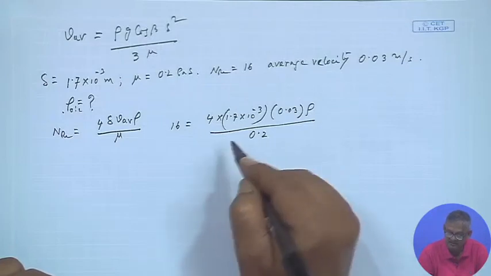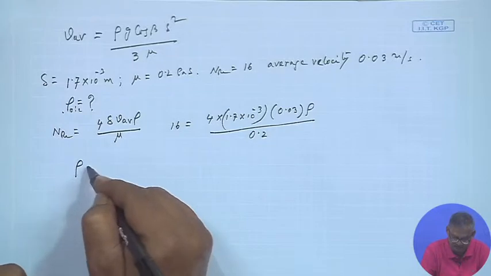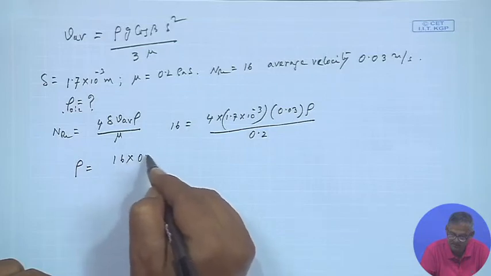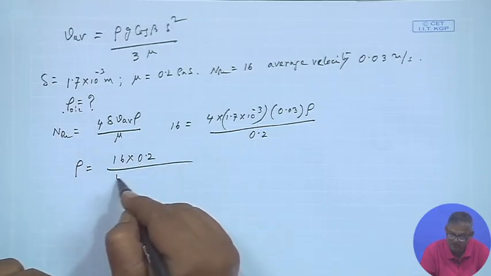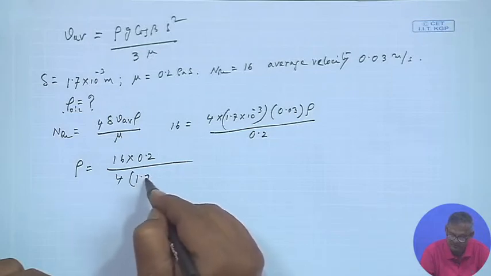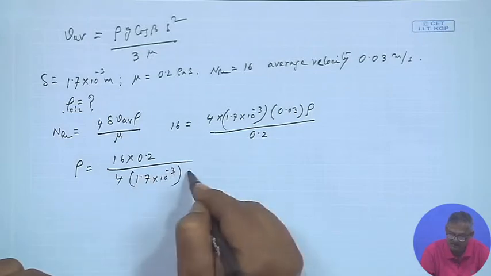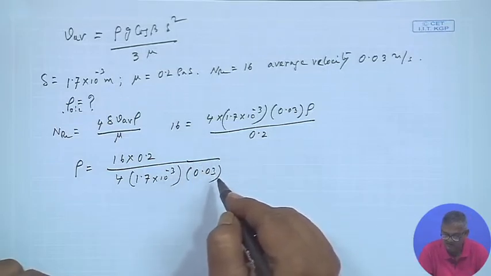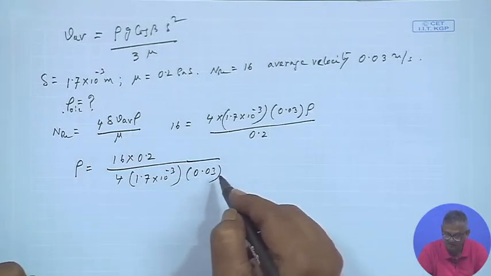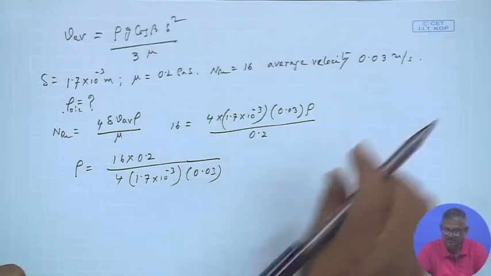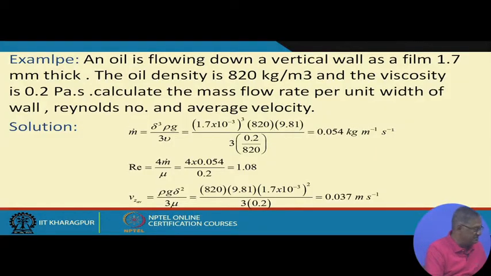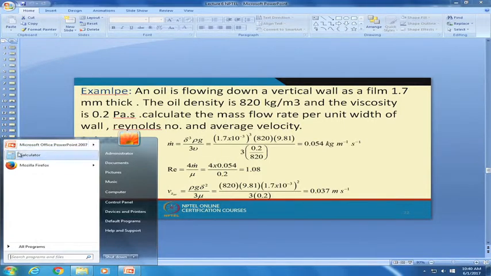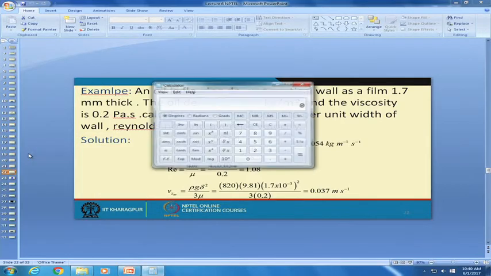So, in that case, if we say, then the rho becomes equal to 16 into 0.2 over 4 into 1.7 10 to the minus 3 into 0.03, so much your density. So, let us just use this, this is one which we need a calculator, right.